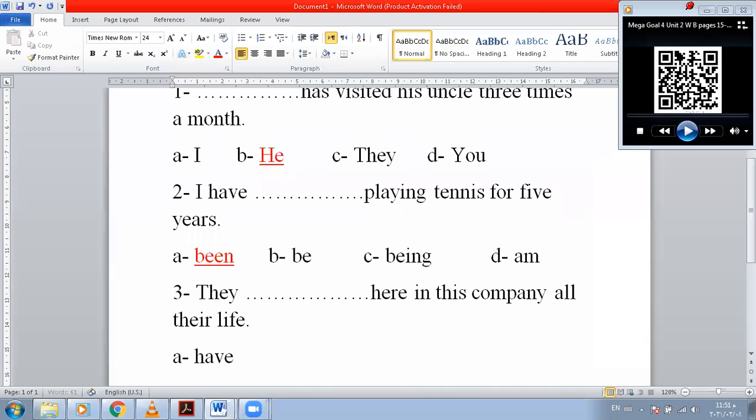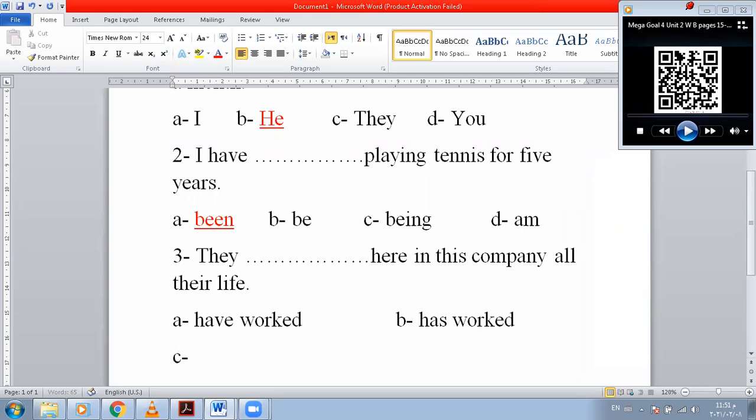Have worked, or has worked, or have been working, or has been working.